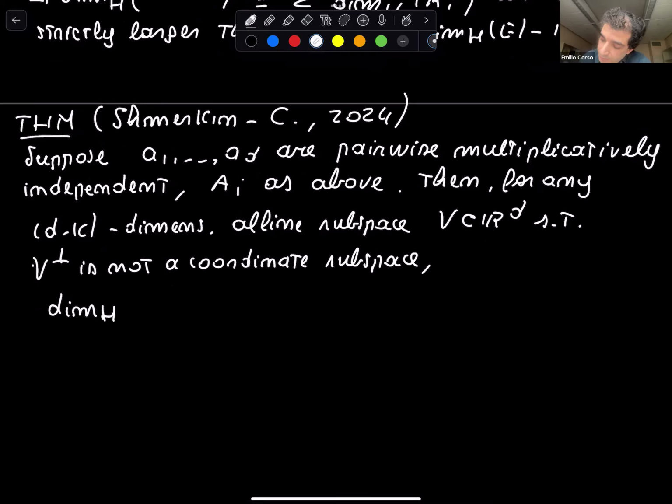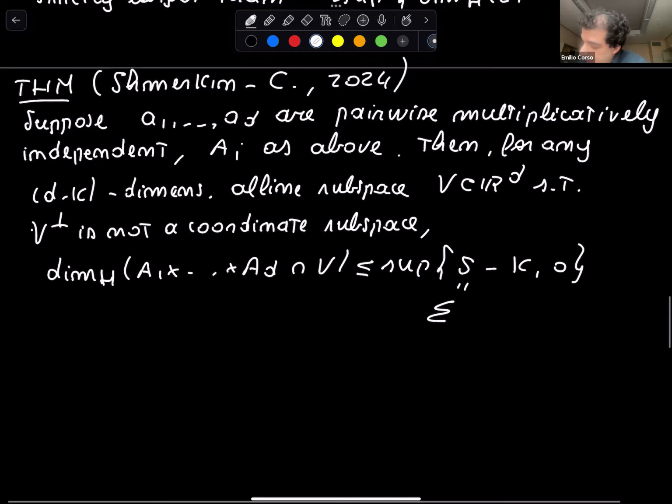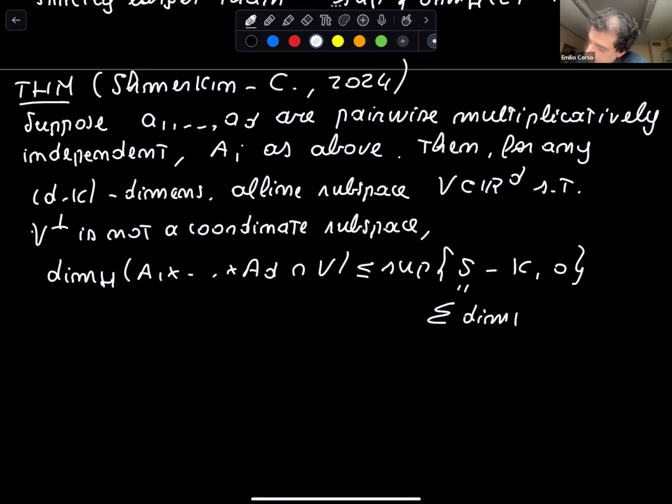So the Hausdorff dimension of the product intersected with V is at most the supremum between, okay, let me say S minus K and 0, where S from now on will denote the sum of the dimensions of the AI.